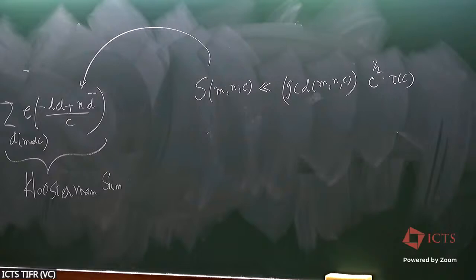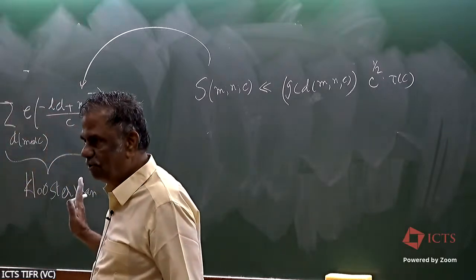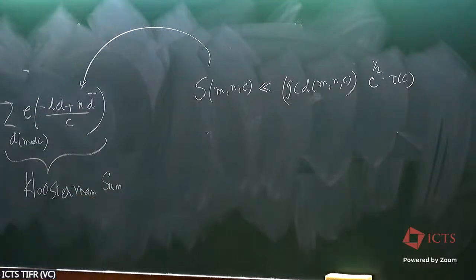And therefore, you can put that estimate here and then simplify and so on and so forth. Okay? This I am not going to do. But on the other hand, you can always reduce your integrals to either a Ramanujan sum or a Kloosterman sum. And we can do that. Is it okay? Good.